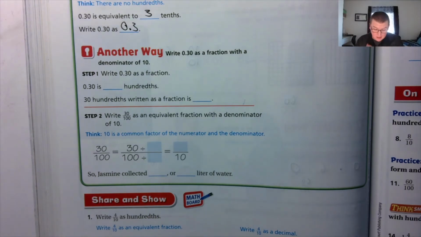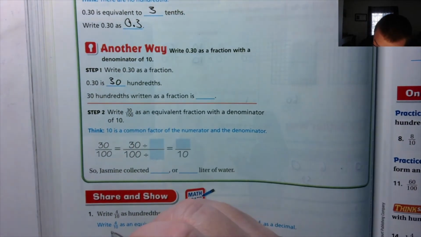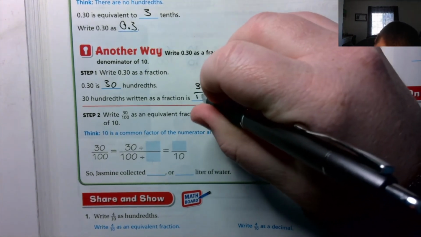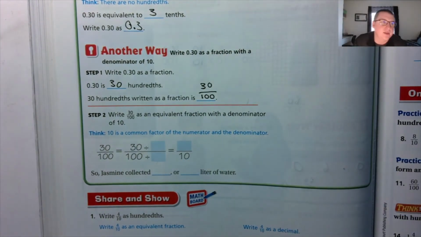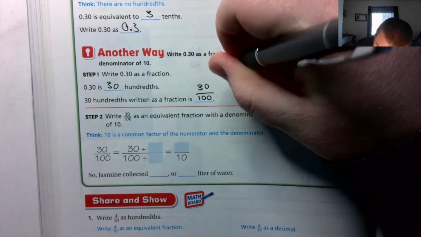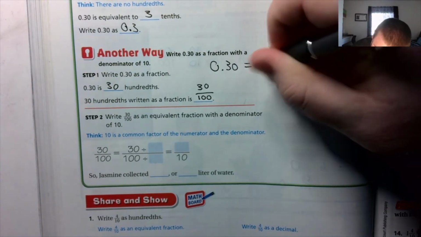Well, if we were to write this as a fraction, we say it as 30/100ths. So we know it is 30/100ths. 30/100ths written as a fraction is 30/100. Okay? So what we just said is this decimal is equal to this fraction.